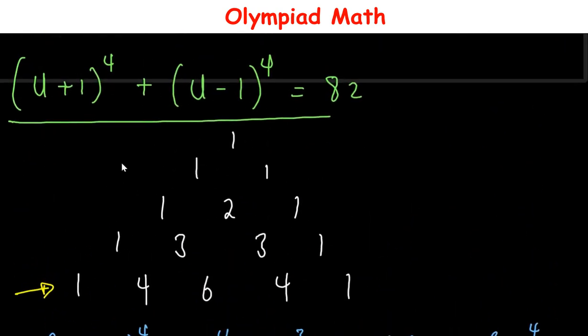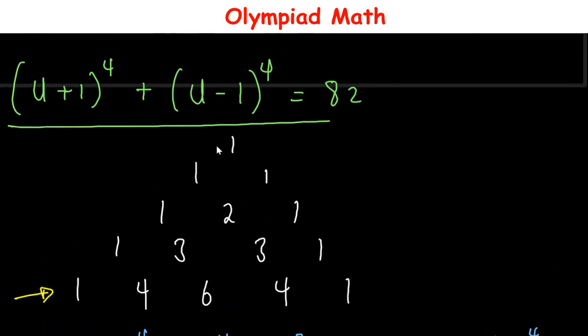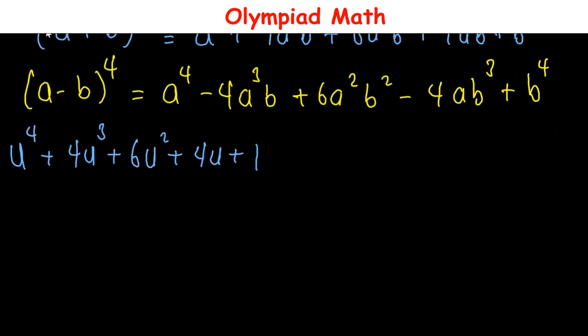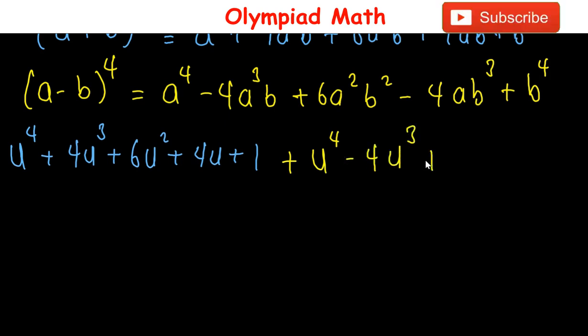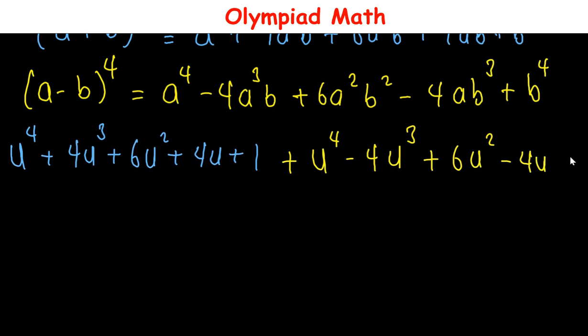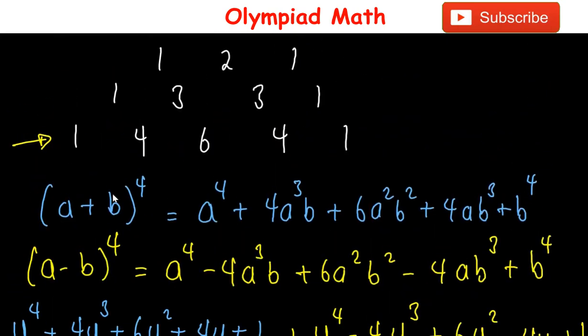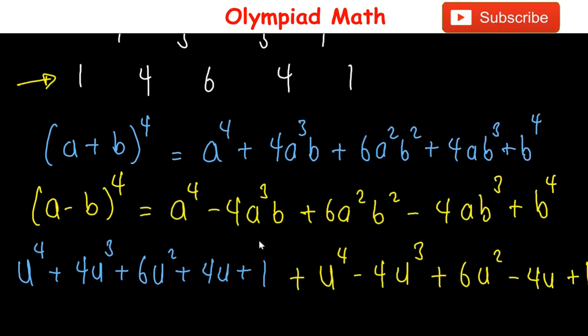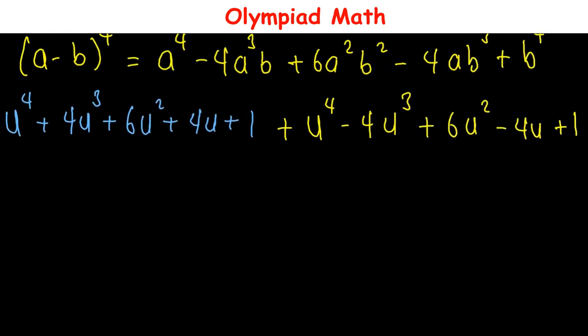And (u minus 1) to the power of 4, making use of the second rule, is equal to u raised to power 4 minus 4u cubed plus 6u squared minus 4u plus 1 to the power of 4, which is 1. And all of this is equal to 82.